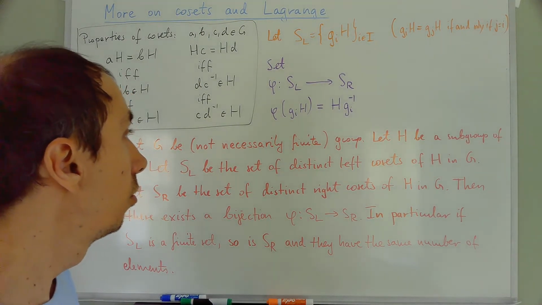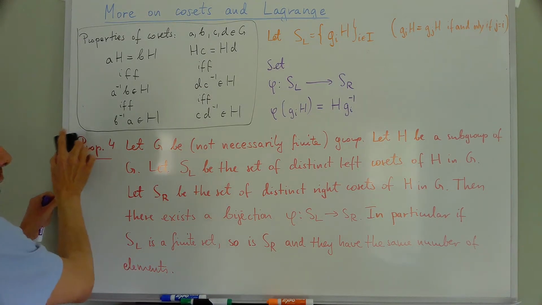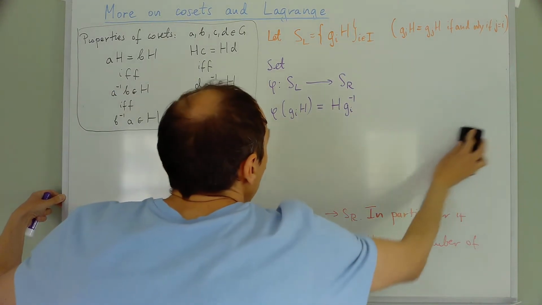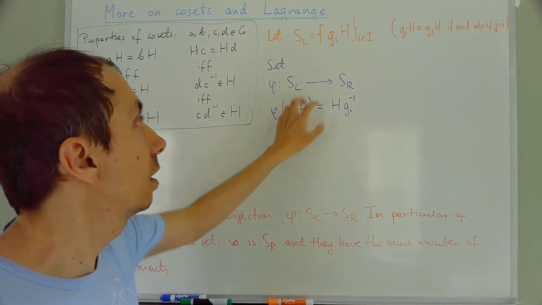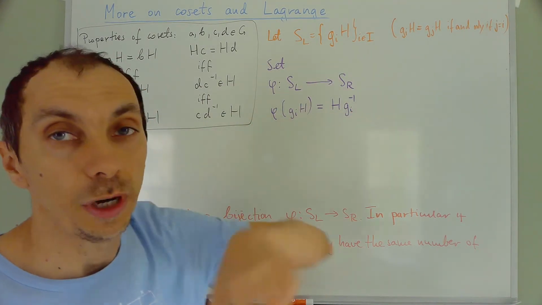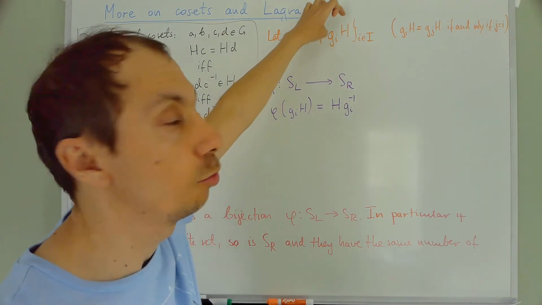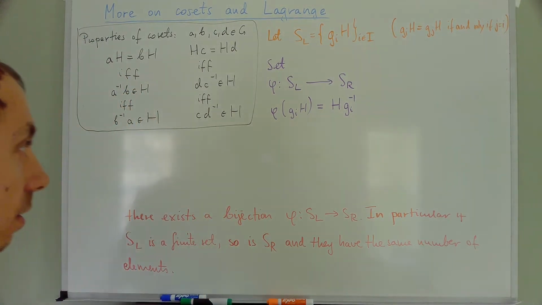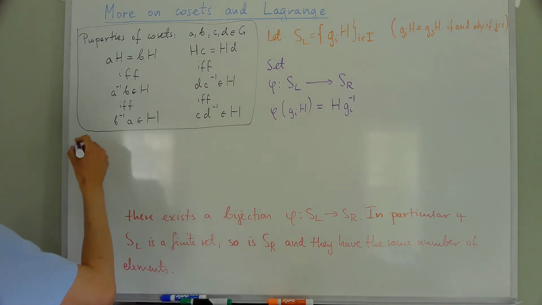Okay, so we need to show that this is a bijection. Any left coset here, distinct left cosets are mapped to right cosets. Note that I don't have to check well-definedness because these are distinct left cosets, so there are not two ways to write the same coset. And they give me some right coset. Okay, so I need to prove that it's injective and surjective.